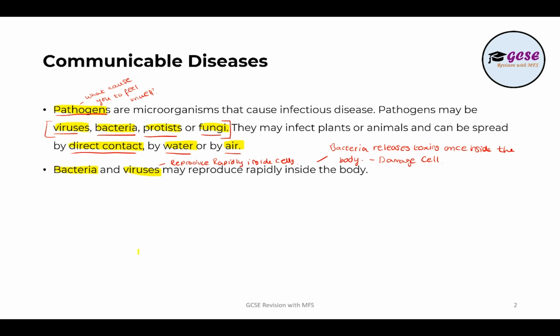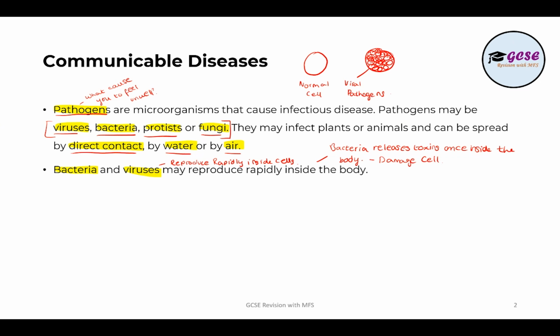If I show you an example over here, let's say we have our normal cell, and this is our cell infected with a virus. These are the microorganisms that we have inside here, our viral pathogens inside the cell. Whenever a virus enters the cell, it attacks inside the cell.